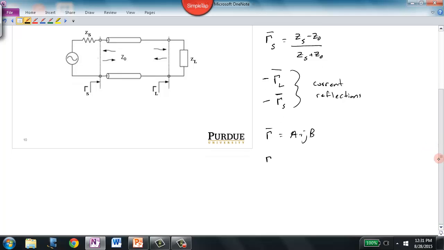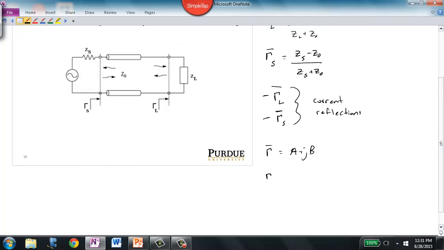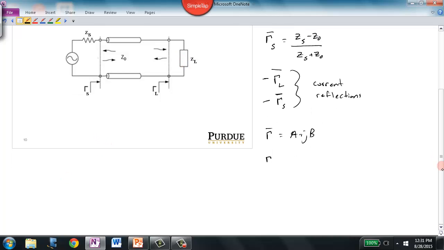So I want to make some observations about this circuit. For a lossless transmission line that's delivering a signal to a resistive load, maybe write those conditions down. Lossless T-line to resistive load only.